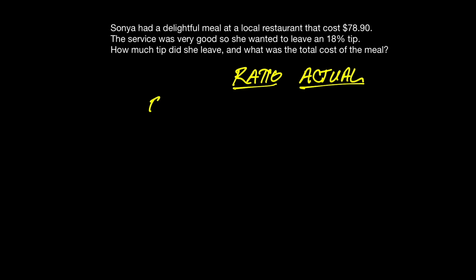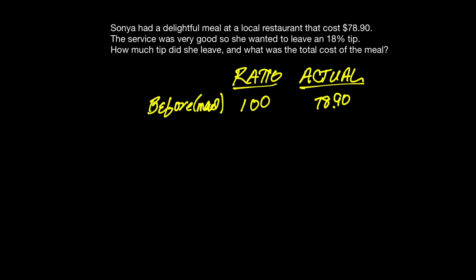So the before is the actual meal. I'll write meal in parentheses here. The before was $78.90, the actual amount, and the ratio would be 100%.